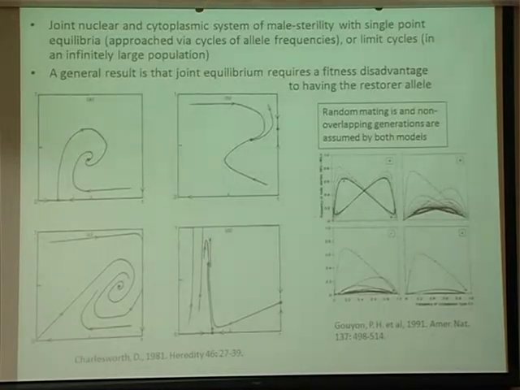And that arises because you get these quite complicated situations. This is from a paper I published on the left a long time ago, which has the genetic model I showed you a couple of slides back, with a non-sterility cytoplasm and a sterility cytoplasm. I didn't label the axes here. One of them is the frequency of the sterility cytoplasm, and one of them is the frequency of the recessive restorer allele. And you can get all sorts of things going on.